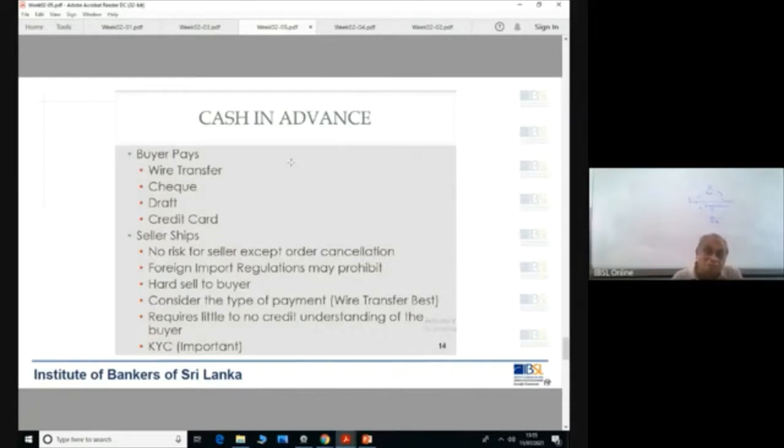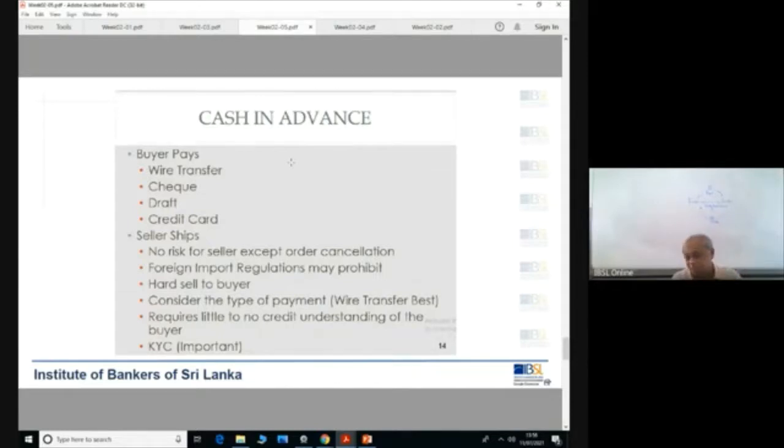Consider the type of payment. Wire transfer is the best. It requires little or no credit understanding of the buyer. They don't have to worry about the credit standing of the buyer because they have already got the money in advance.